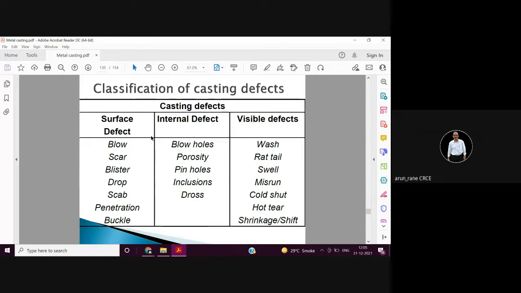So when the component fails on site, that time you will come to know the internal defects. So that's why there has to be some technique or some methods so that you will be able to check the internal defect also. For that, ultrasonic inspection and radiographic inspection methods were evolved.